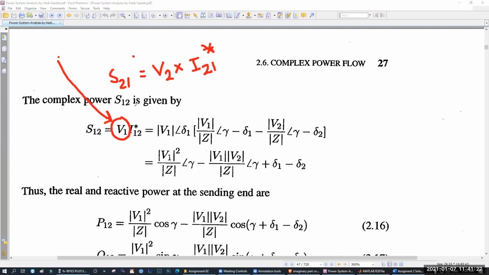If we assume bus number 2 has more voltage, we will write S21. At that time, we will find the current I21, and we will use the voltage V2. But in this case, we are assuming bus number 1 has more voltage, so we are trying to find the current from point 1 to point 2.